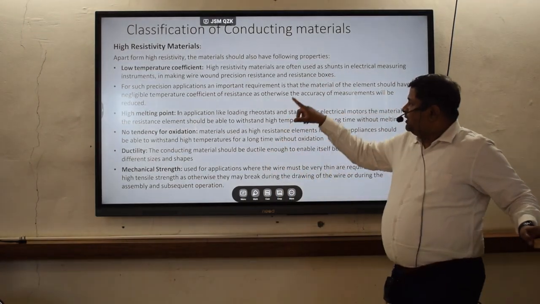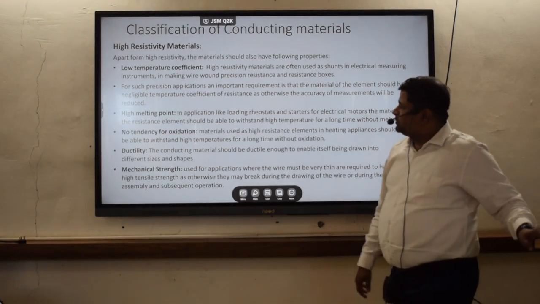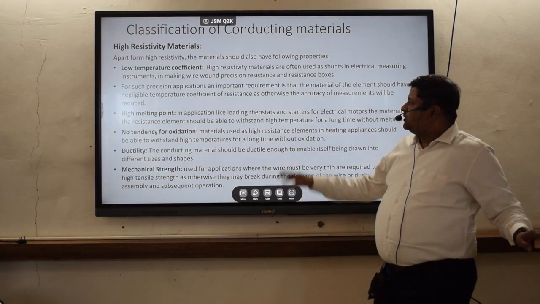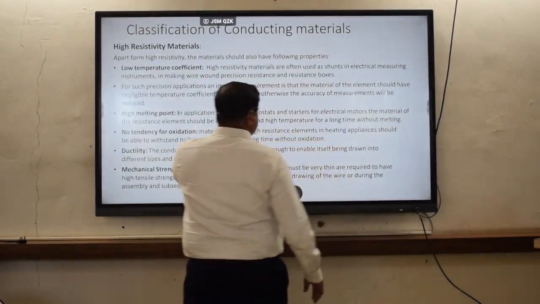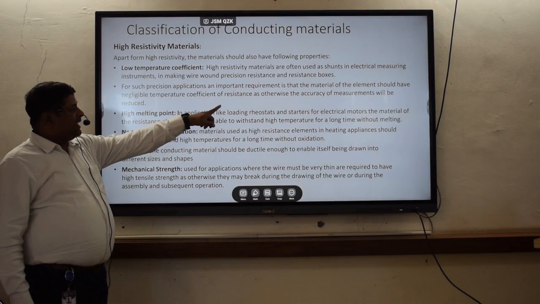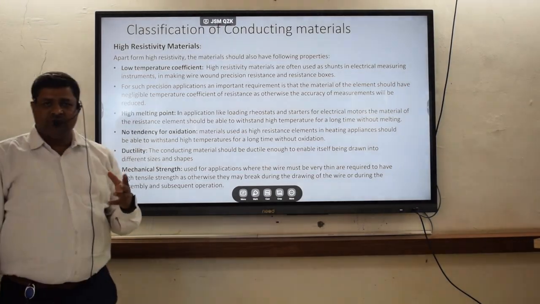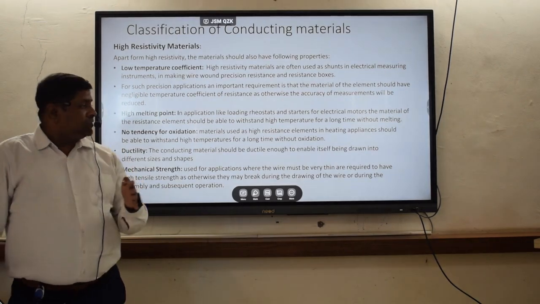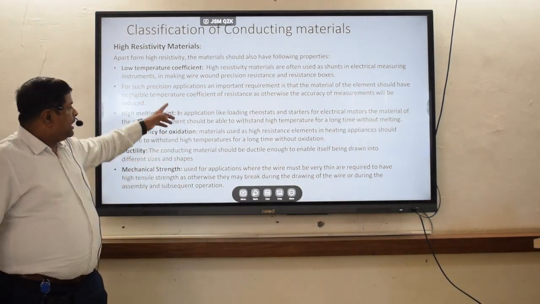High resistivity materials are often used as shunts in electrical measuring instruments, in making wire-wound precision resistances and resistance boxes. For such precision applications, an important requirement is that the material of the element should have negligible temperature coefficient of resistance, as otherwise the accuracy of the measurement will be reduced. That means whatever material you use in that measuring instrument should have a low temperature coefficient, because if it is more, you may not get precise readings.